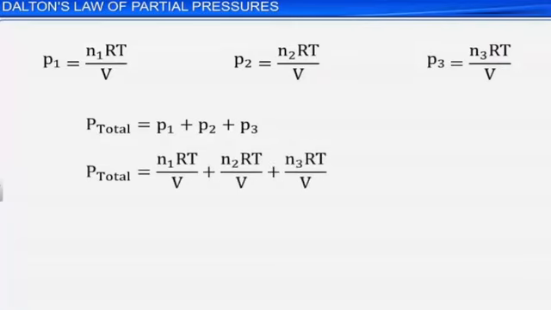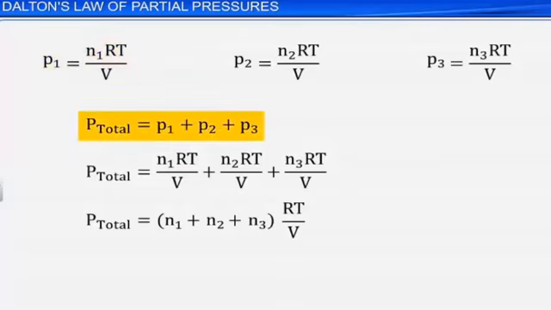On simplifying, we get P total is equal to N1 plus N2 plus N3 multiplied by RT divided by V. On dividing P1 by P total, we get P1 by P total equal to N1 divided by N1 plus N2 plus N3.